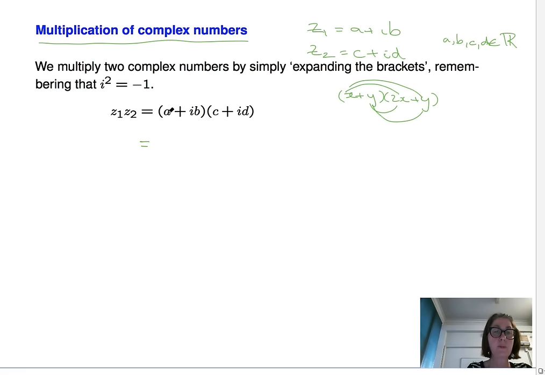So let's start off by taking a times c, and then we have a times id, so we'll just write i ad, and then we've got ib times c, and then we've got ib times id.